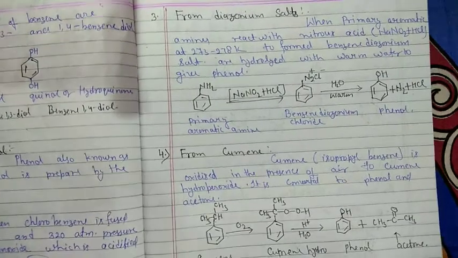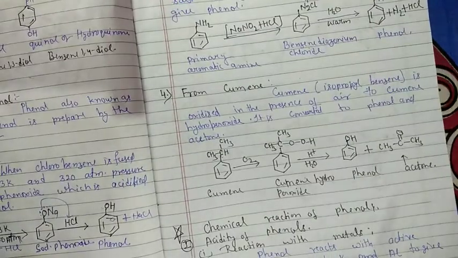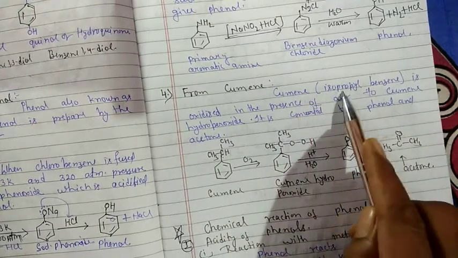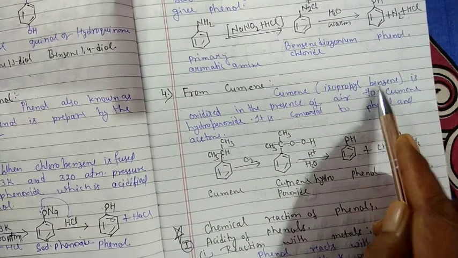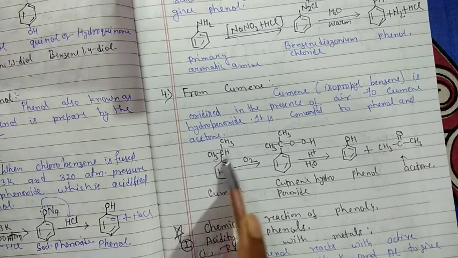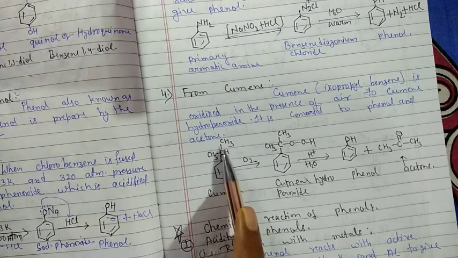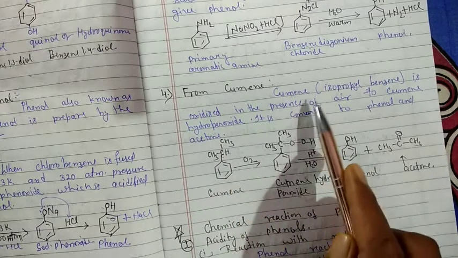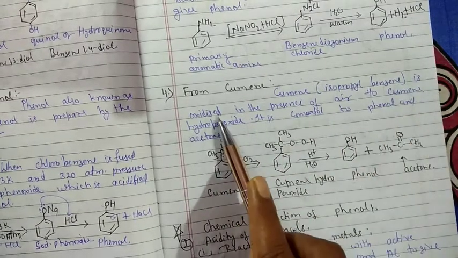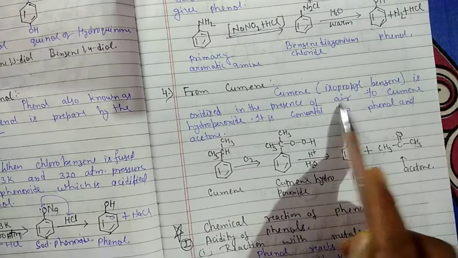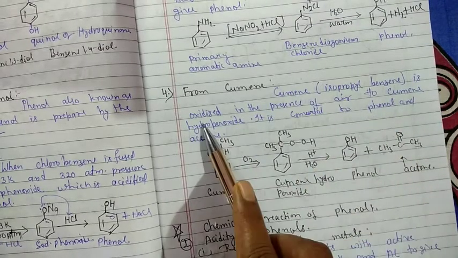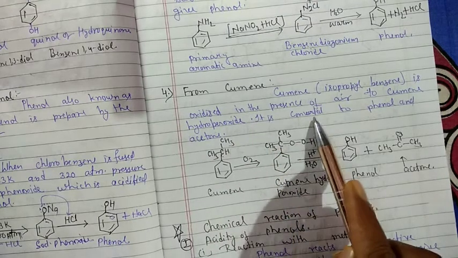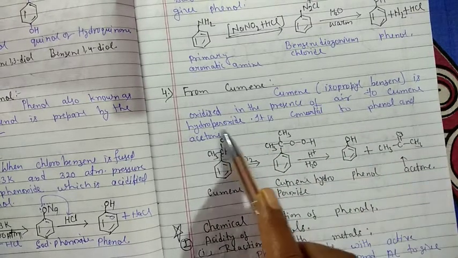And the last method for preparing phenol is from cumene. Cumene is also known as isopropyl benzene. Okay, this is the isopropyl. The second position has one methyl group, so it is known as iso. Cumene is oxidized in the presence of air to cumene hydroperoxide. This is the hydroperoxide. It is converted to phenol and acetone.